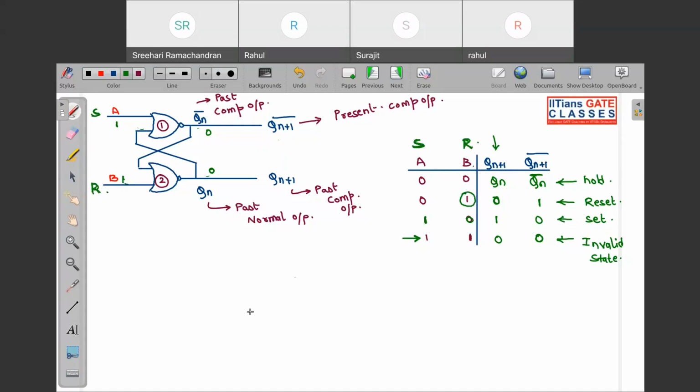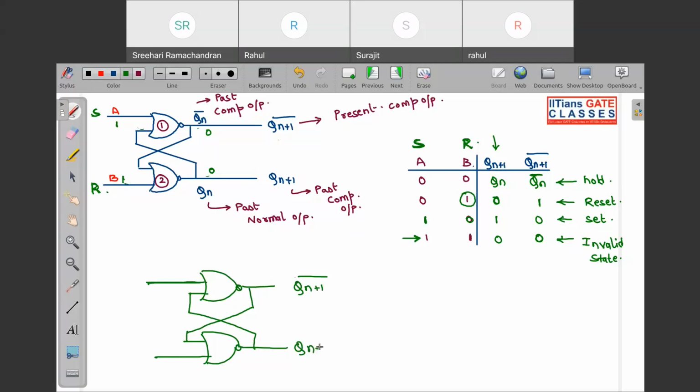And one more thing, in any latch, suppose I have a latch like this, you cannot go and check by applying the whole truth table. Suppose this is Qn+1, this is Qn+1 complement. Always remember, in a NOR latch, the set input will be opposite to your complemented present output.